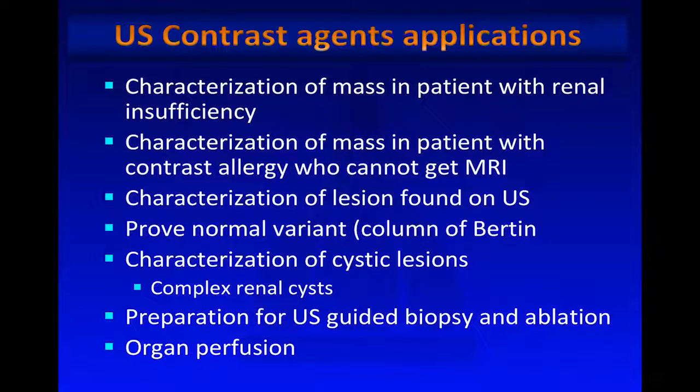It's extremely useful for characterization of cystic lesions, particularly in the kidney. It's extremely helpful to evaluate complex renal cystic lesions, whether they are solid or just a complex cyst. We also use it a lot in preparation for ultrasound-guided biopsy or ablation procedures. And finally, you can also use them to look at organ perfusion, and I'll show you examples of all of these.